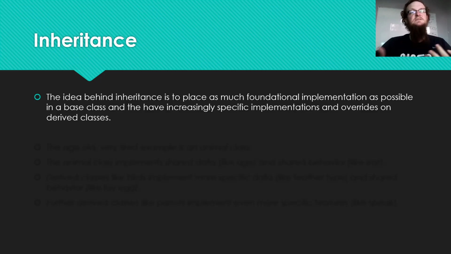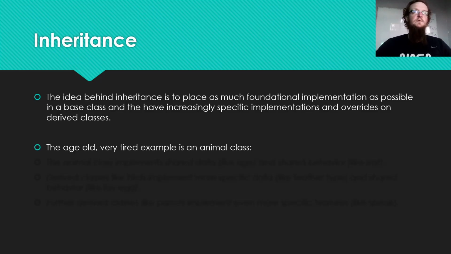They'll all have a price, and potentially a buy more option or a get name functionality. Then increasingly more specific child classes will implement more specific functionality. They'll expose more behavior, or they'll override behavior of the parent, and so on.